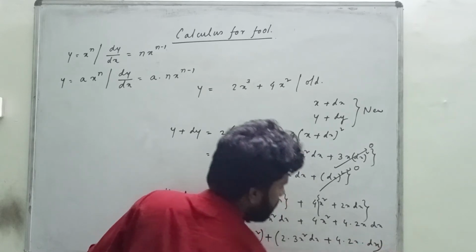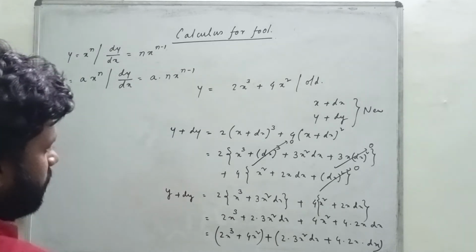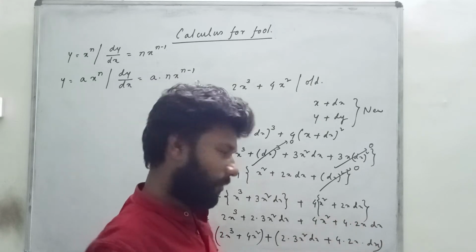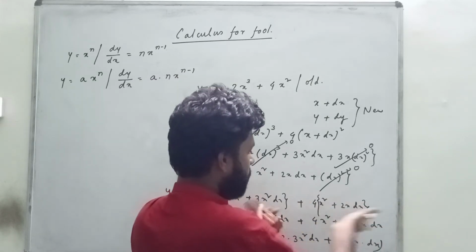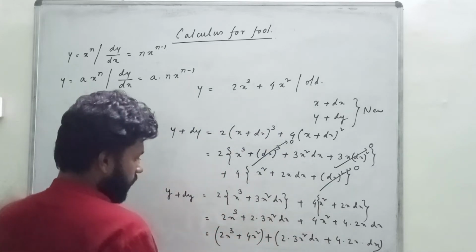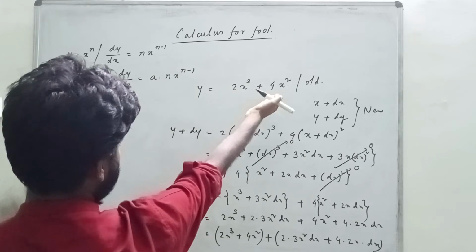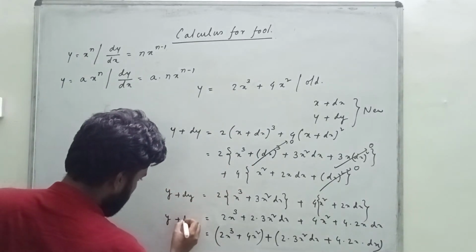Right? This is actually your commutative law, right? A plus b is simply b plus a, obviously. So you can just use the addition and rearrange, right? So what is this 2x cube plus 4x squared? It's the old relationship. It's the y actually. This is the y plus dy.